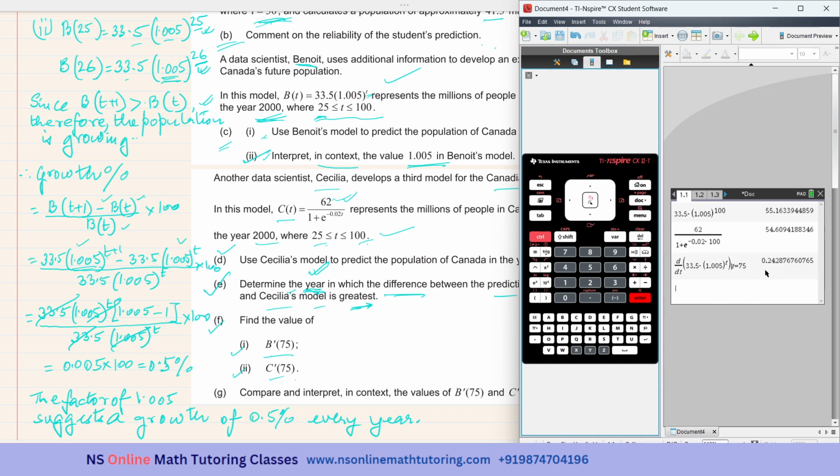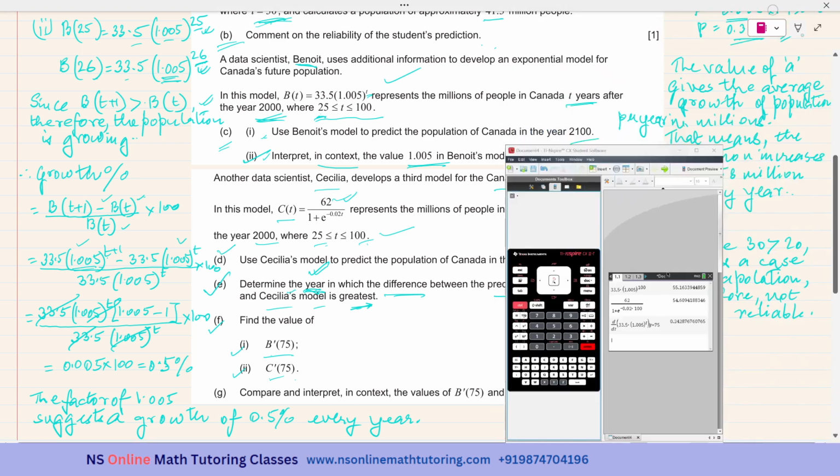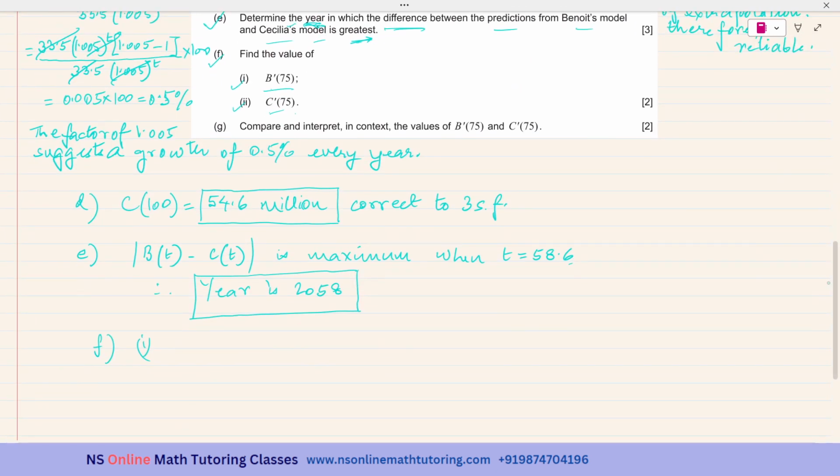Enter. 0.242876. So, correct to three significant figures, it will be 0.243. B dash 75 is equal to 0.243, the first derivative of B when t equal to 75 is 0.243.